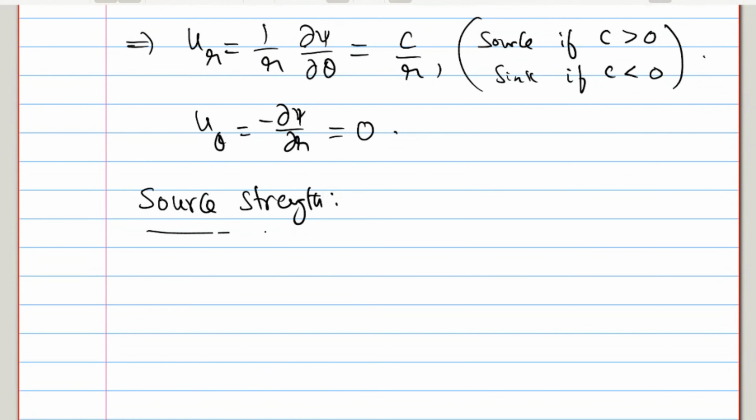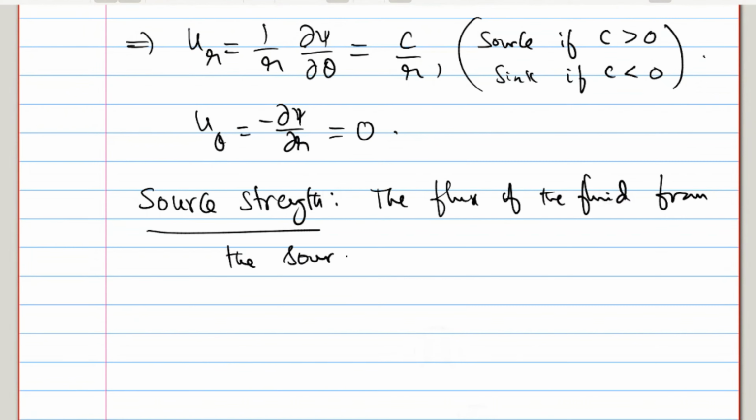how do I define it? It is basically the amount of fluid that comes out of that, right? So that is basically flux, flux of the fluid from the source point. The source strength by definition is the flux of the fluid from the origin, from the source point or sink point.